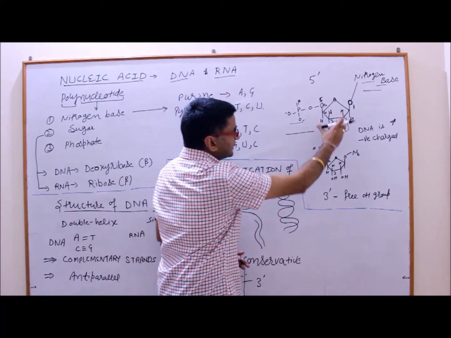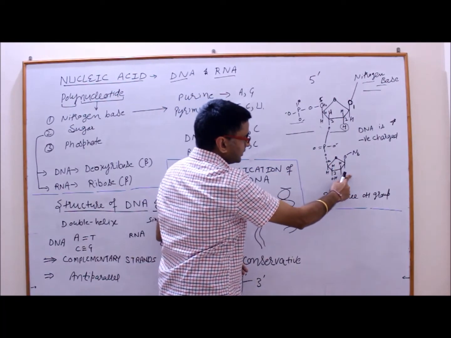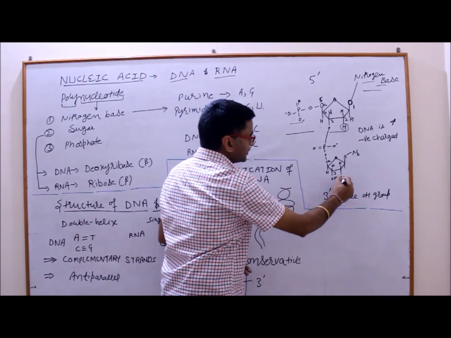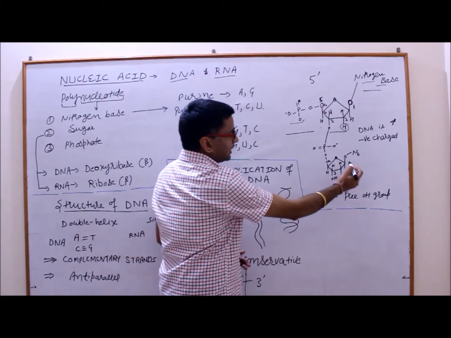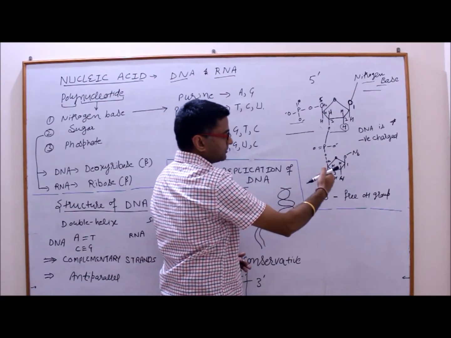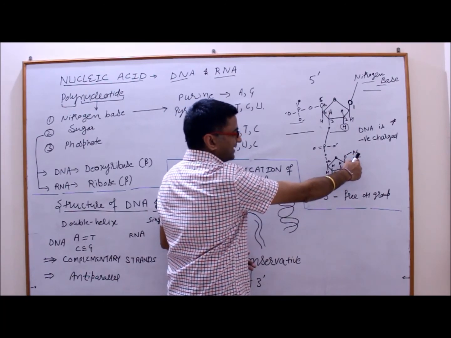Now let's say there is another unit of nucleotide. So again we have sugar. Let's make this deoxyribose sugar. Oxygen is missing at carbon 2. This is carbon 1 OH. It is on the upside because sugar is beta, and this O is involved in bond formation with the nitrogen base.